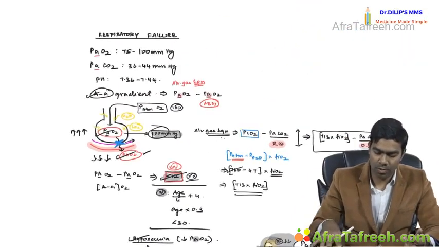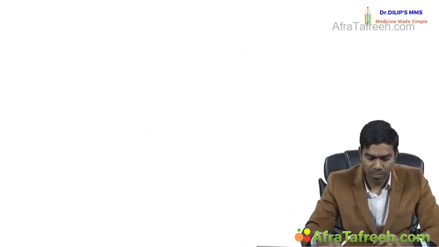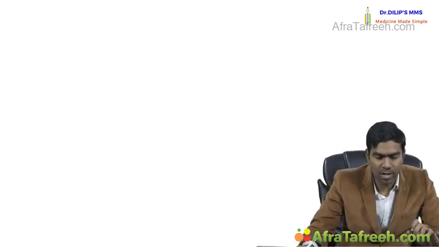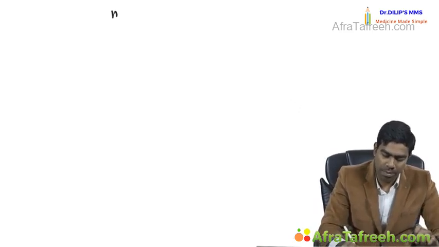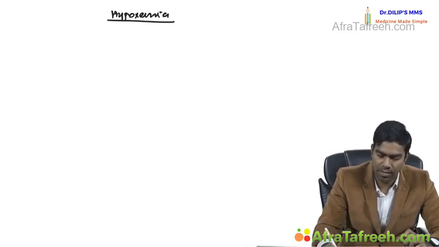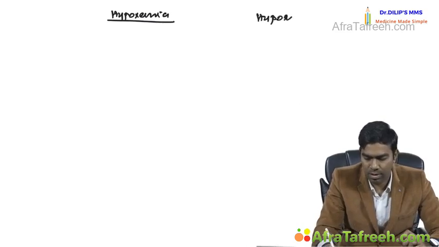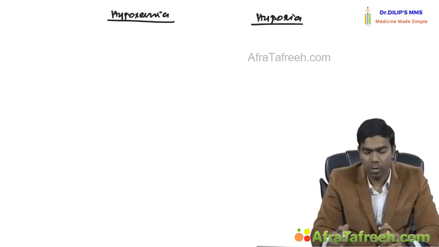So fine, we have seen a decent amount of what all this means. Now, what do you mean by hypoxemia and what do you mean by hypoxia? Hypoxemia is something different and hypoxia is something different. What do you mean by hypoxemia?